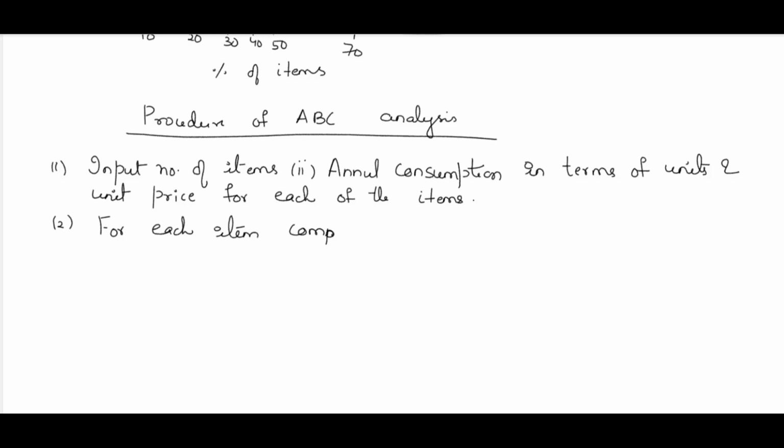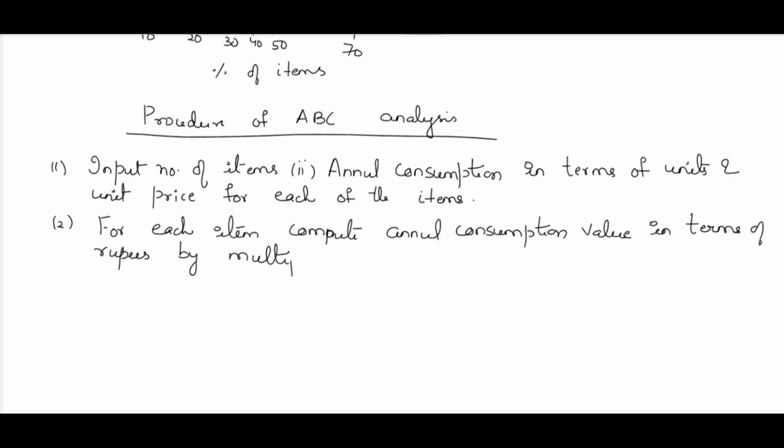For each item, compute annual consumption value in terms of rupees by multiplying its annual consumption units with its unit price.